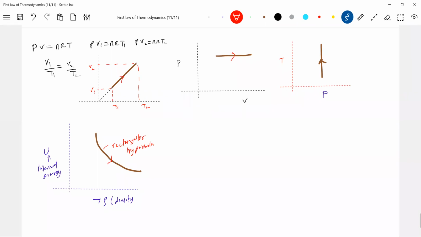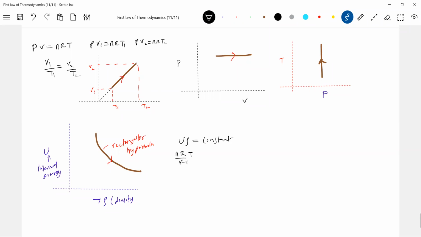So now you can say rectangular hyperbola will be an isobaric process. So let's do one thing. Let's take the help of mathematics. Internal energy is not constant. What is internal energy? It depends on temperature, no? So shall we write nR by gamma minus 1 times T?